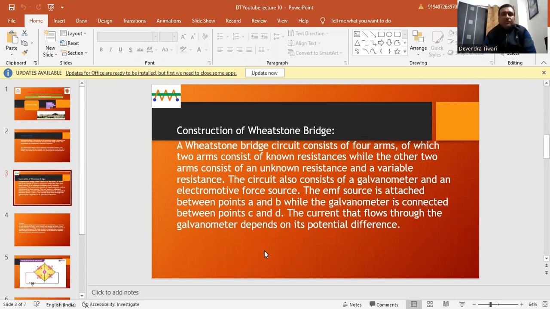This circuit also consists of a galvanometer, which is the indicating device, and an electromotive force source, that means EMF. This EMF source is attached between points A and B, while the galvanometer is connected between points C and D. The current that flows through the galvanometer depends on its potential difference. Now we will see how it happens.